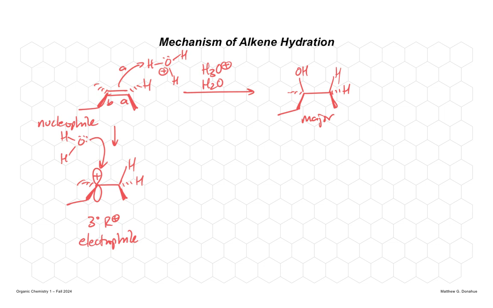So this is an example of an asynchronous reaction. You have the H adding, you get an intermediate that is then trapped by water. So they're not adding at the same time.